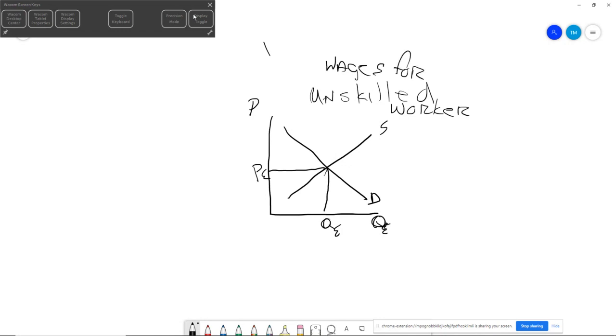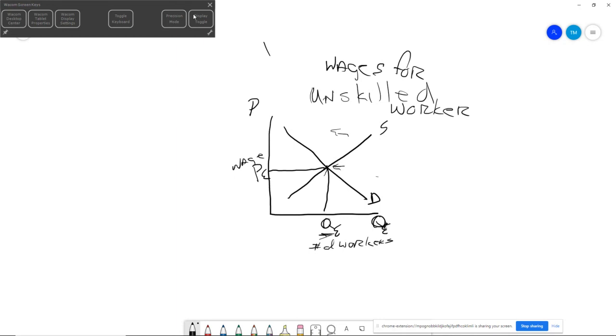Based on existing numbers, if we say this is the supply of individuals we have here, and this is the demand for them here, this will set the number of workers and the wage. Now, if there's a decreasing number of workers, we see the wage go up. So if we saw movement this way, we would see the wage go up and the quantity go down.